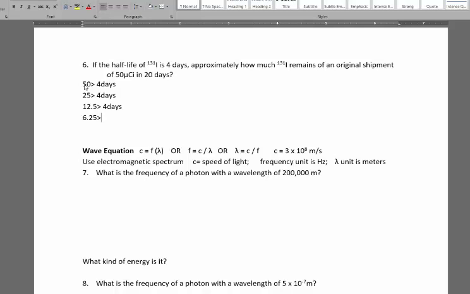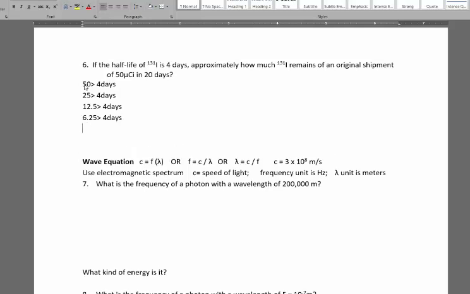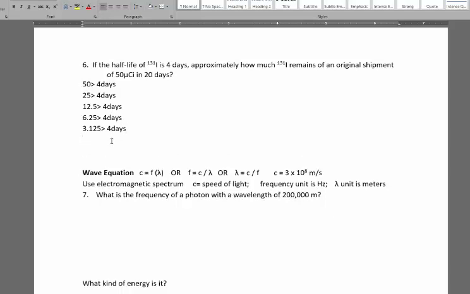After another 4 days, so now we're at 16 days, we're at 3.125. And then finally, after 20 days, because 1, 2, 3, 4, 5, you should have 1.5625, or you can round that to 1.56 microcuries.